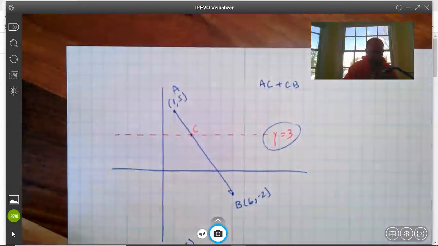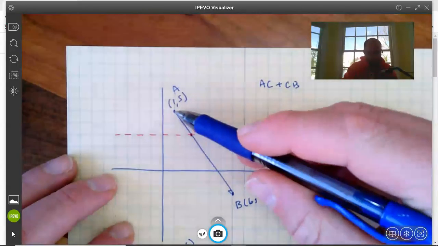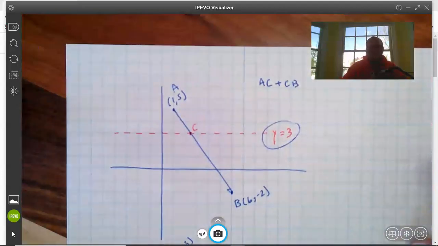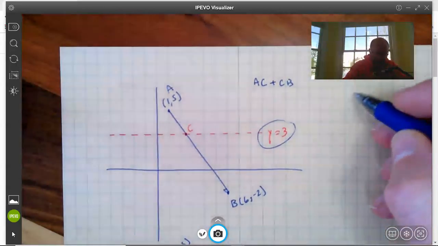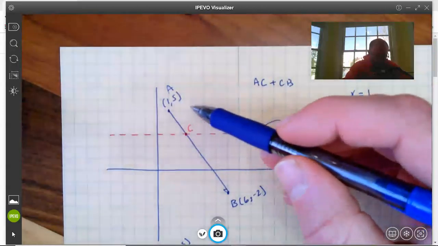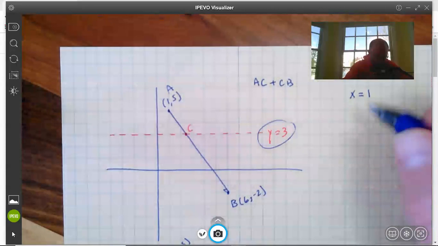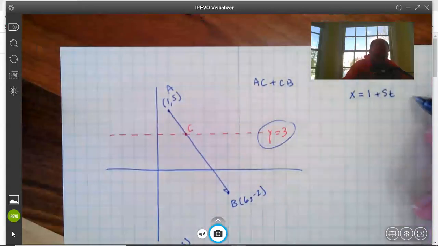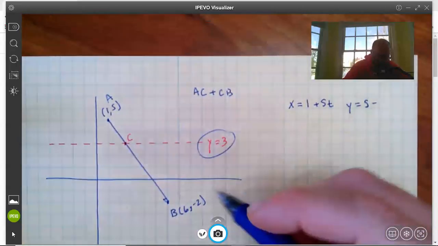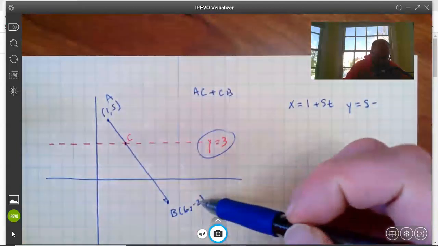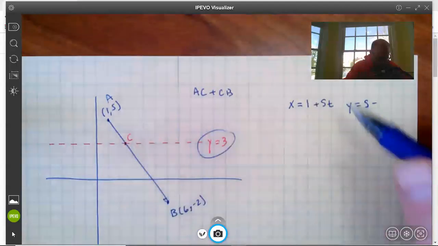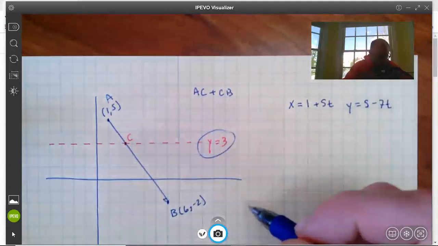One way we could do this is we could think of this as a vector that travels from 1, 5 to 6, negative 2. Actually, let's write this out as a parametric equation. So x equals 1 plus 5t, and y equals 5 minus 7t, since it travels down to negative 2, which is 7 units.